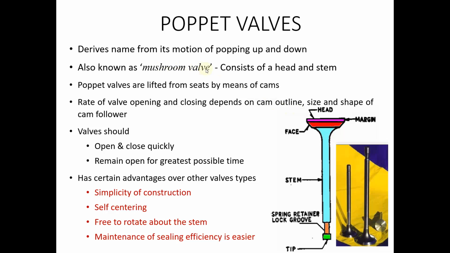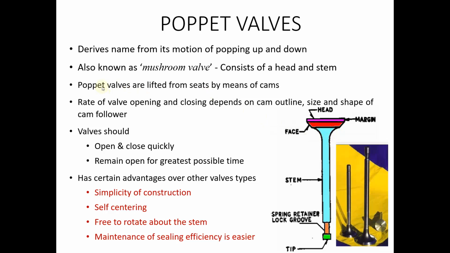It resembles a mushroom because it has a stem with a thinner cross section and a head with a larger diameter. So a lower diameter stem and a larger diameter head. And because of its popping up and down, opening and closing, it is known as the poppet valve.